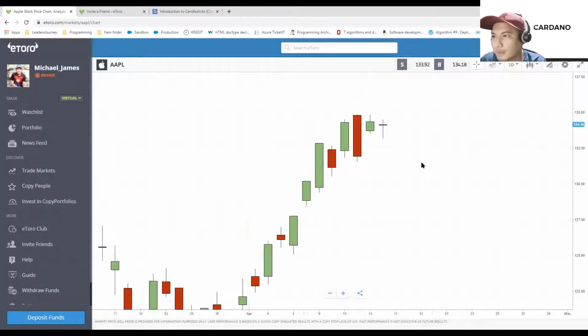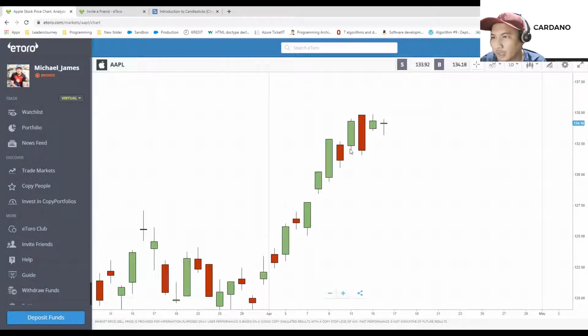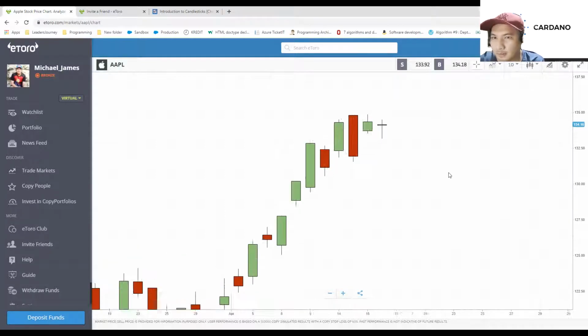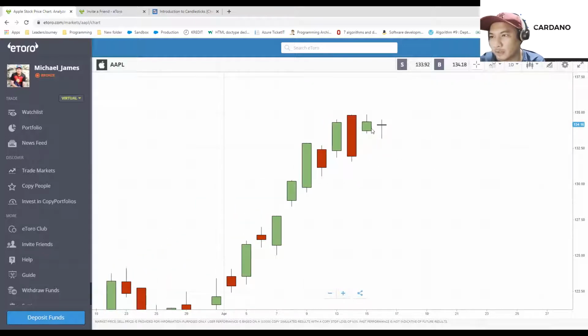Then there's this shadow. They call this a shadow, but I call this a string because the candle has a string, right? This string indicates something else. Let's focus first on the color. If it's green, it went up, and if it's red, it went down.